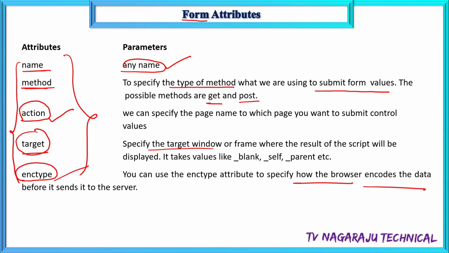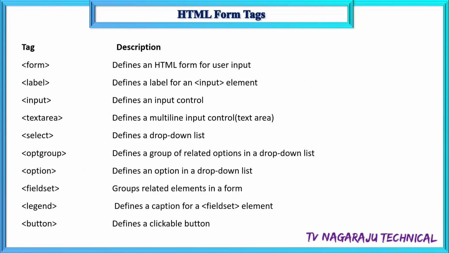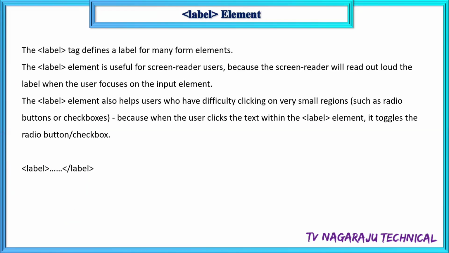Before explaining this, you need to know the different tags that are placed inside the form. We already created the form. Inside the form, you can place different tags. So step by step, we will move on. The first one, label.